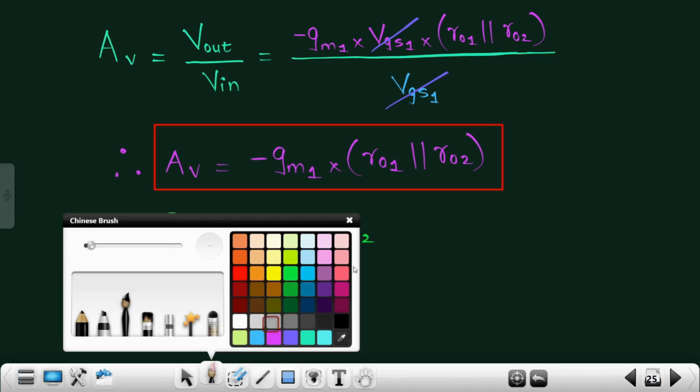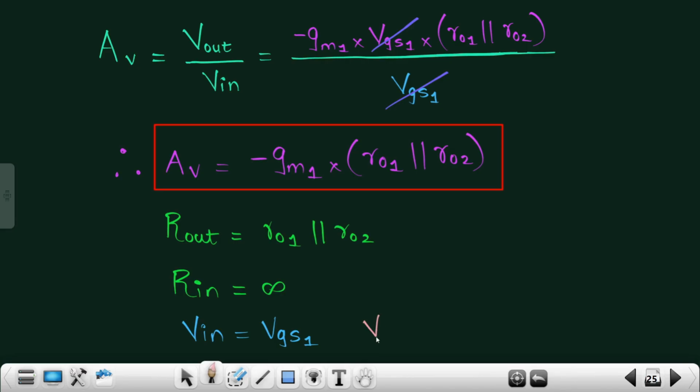And Vout was equivalent to minus gm1 times VGS1 times RO1 in parallel with RO2. That's it. So these were a few of the conclusions which we drew from this circuit.